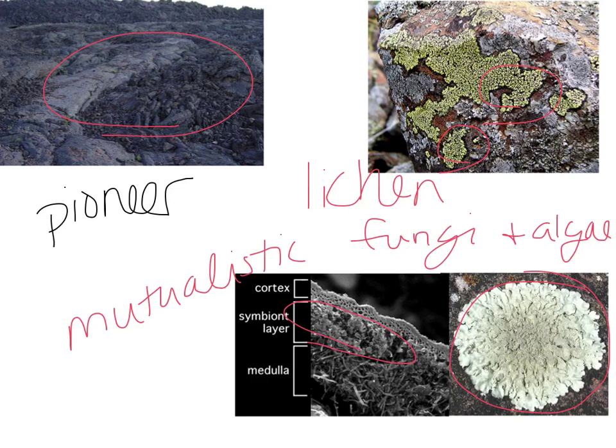Over time, as erosion is occurring, whether chemical, biological, or physical, it doesn't matter, as these rocks get broken down, those lichen are killed and decomposed. And remember, when things get decomposed, that's releasing nutrients back into the soil. So this starts to create a soil by the decomposition of these lichen.